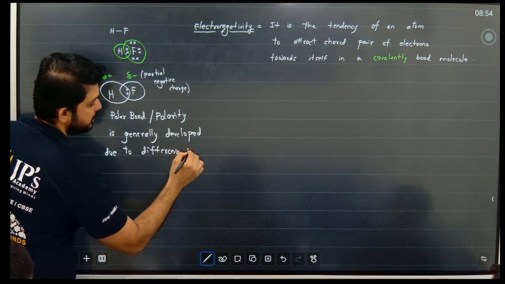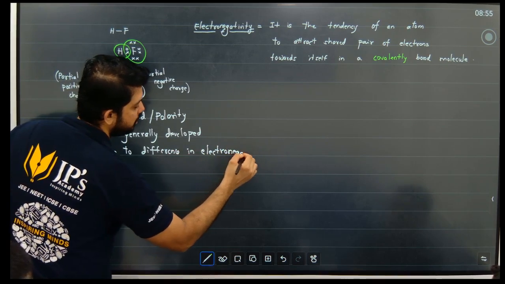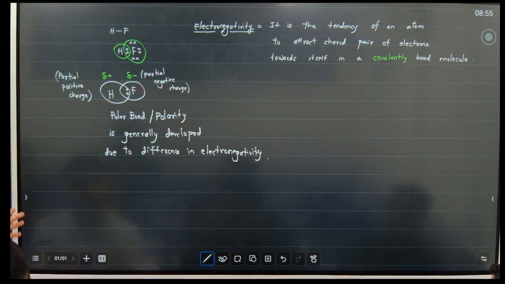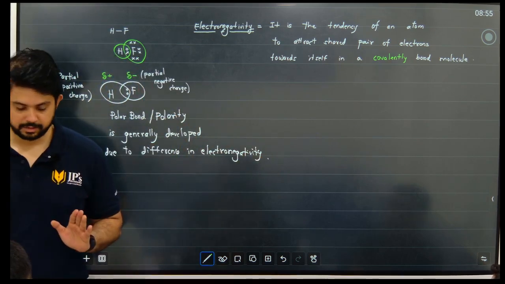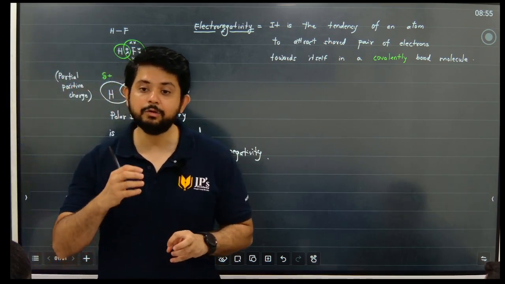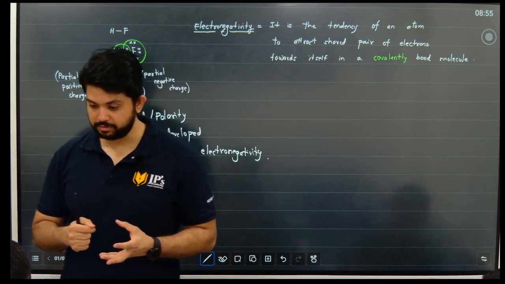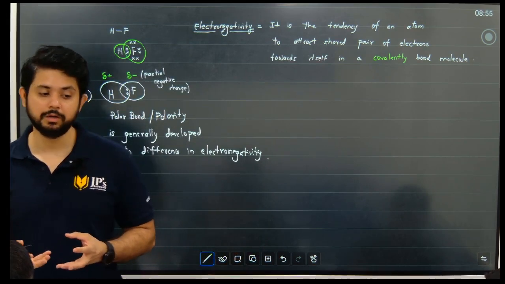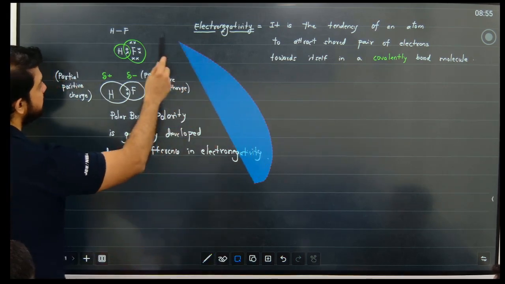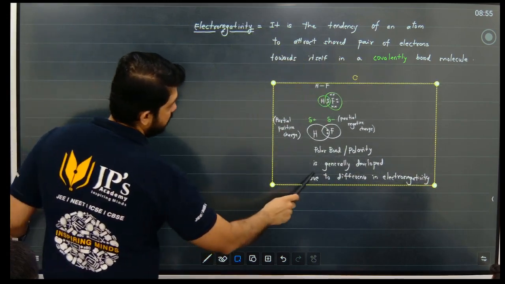Because of difference in electronegativity. जहाँ पे भी there is a large difference in electronegativity, वो polarity उतनी ज़्यादा होती है. I repeat, greater the difference in electronegativity, greater will be the bond polarity. Anyone who don't get that? With me till here?